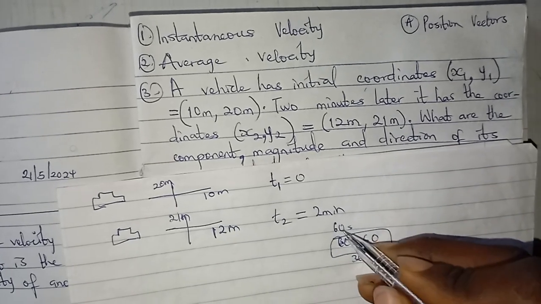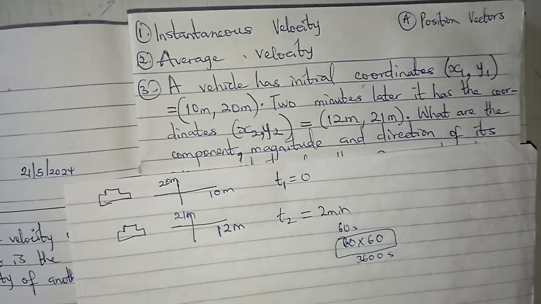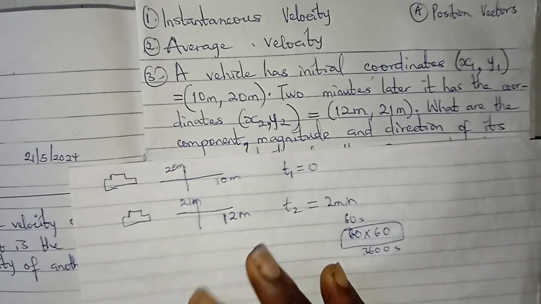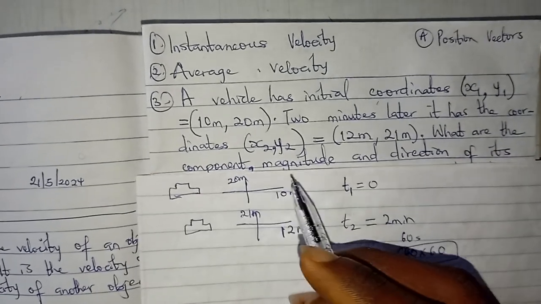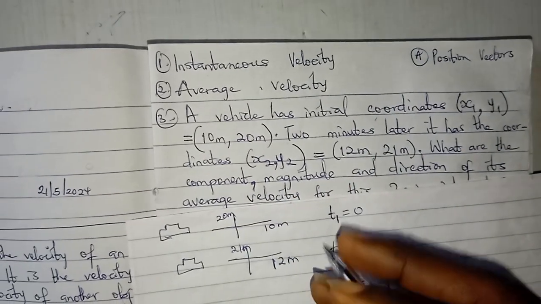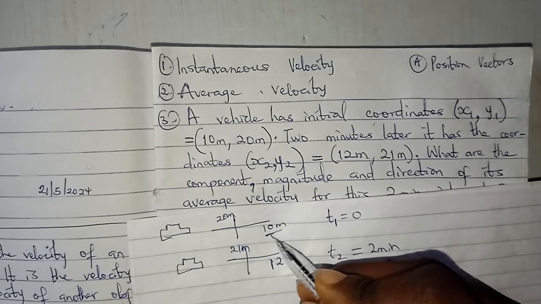If I want to convert this to seconds, I'll simply say 2 times 60. So what this means is that anytime I'm doing this type of question, I need to take notes. So what I will do here is simply say this is the initial velocity, u.